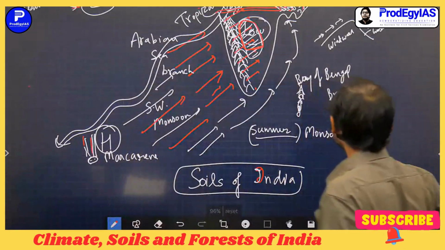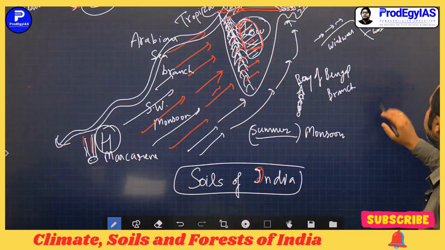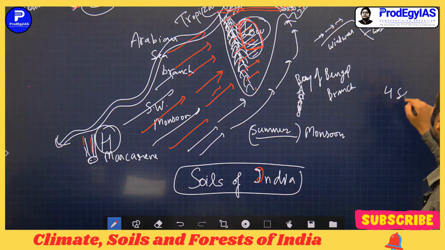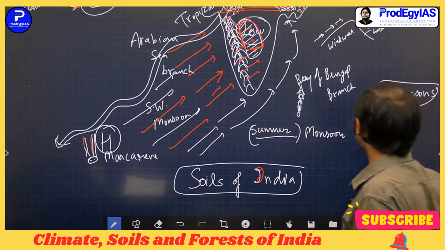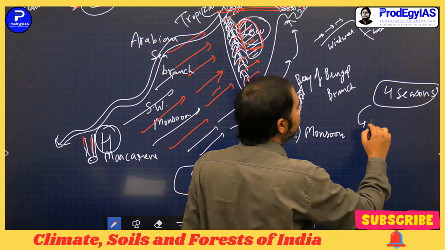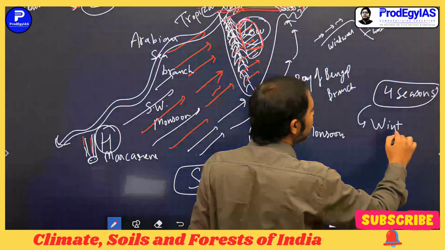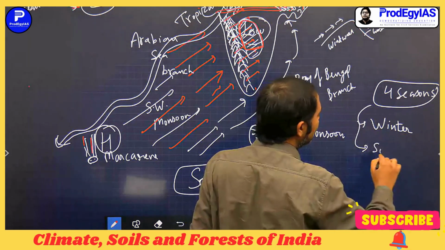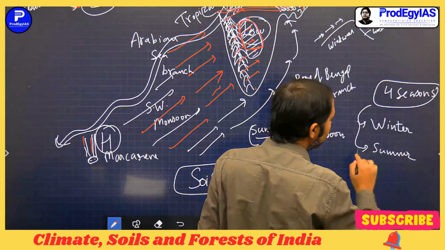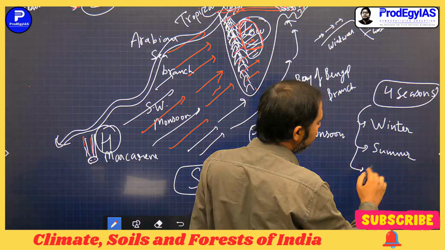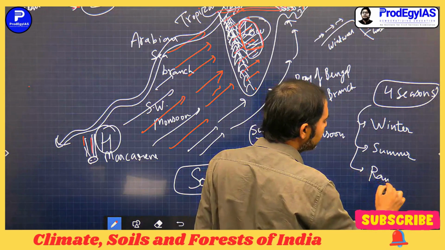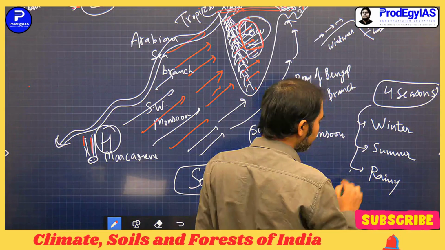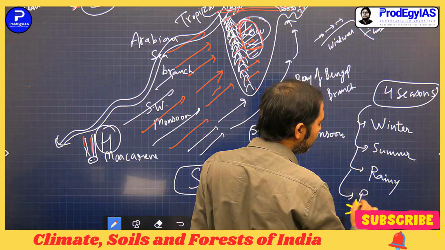Means there are basically 4 seasons: winter, summer, the season of rainfall, rainy season you can say, and the season of retreating monsoon.